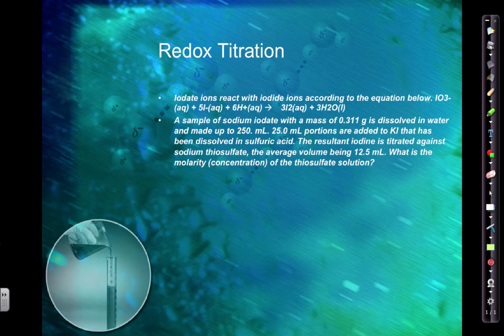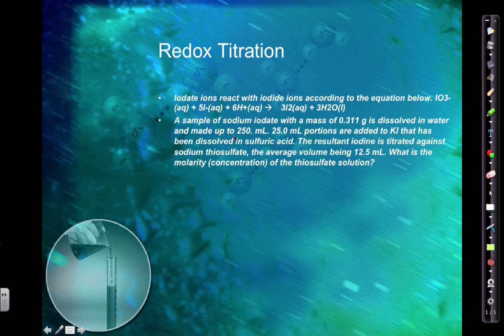Alright, so let's look at this one. This one is a reaction with iodate and thiosulfate. Iodate ions react with iodine according to this equation. It gives you an equation, and it says a sample of sodium iodate with a mass of 0.311 grams is dissolved into water and made up to 250 milliliters.